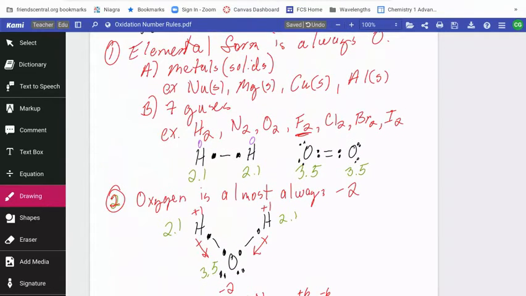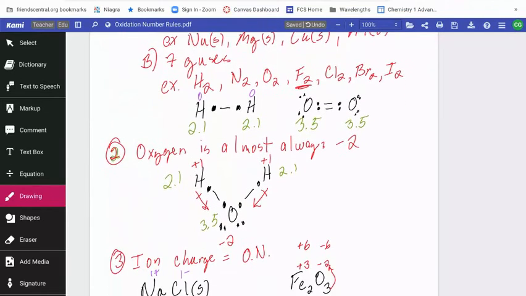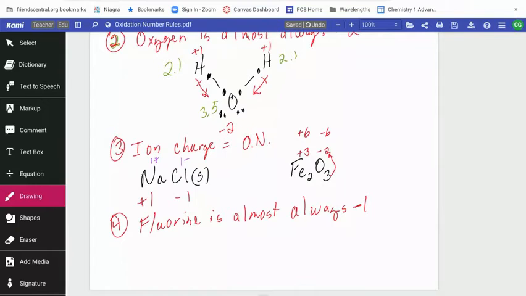It's an F2. That means there's two fluorines sharing electrons equally. They both are pulling on the electrons, so that's going to be 0. But in almost any case, if we go sodium fluoride, all right, well, sodium is going to be +1, and fluorine is going to be a -1. I probably should have put that in first, fluorine, if this is always a rule with -1.